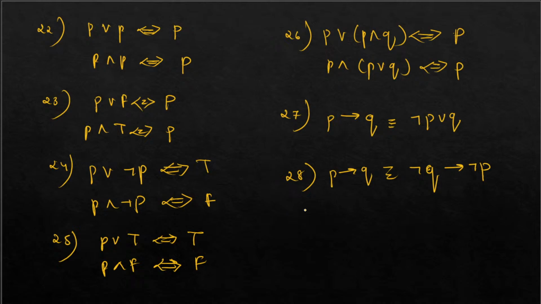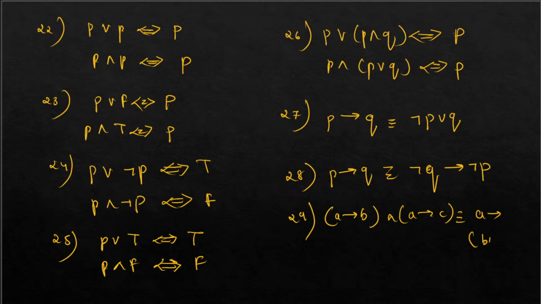Now the next one is A implies B and A implies C, equivalent to A implies B and C. The 30th is A implies B or A implies C, which is equal to A implies B or C.